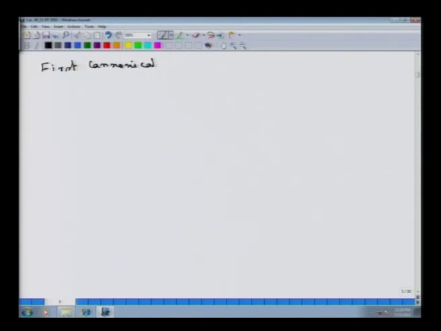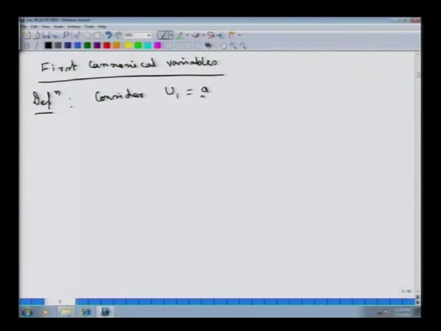So, let me first give the definition of the first pair of canonical variables. Consider u1 equal to a1' x and v1 equal to b1' y, such that number 1, the variance of u1 is equal to the variance of v1 is equal to 1.